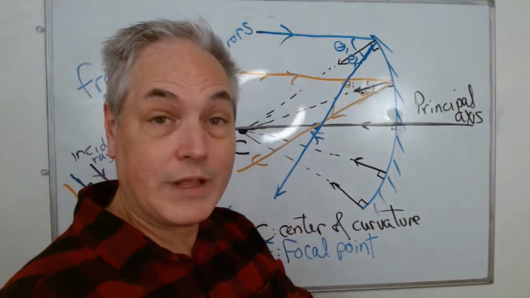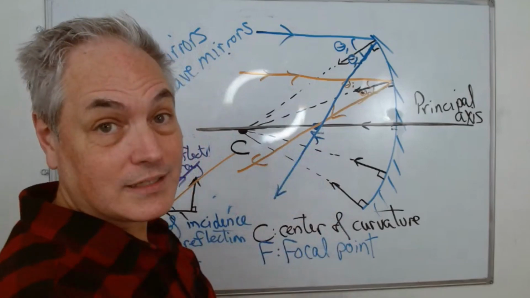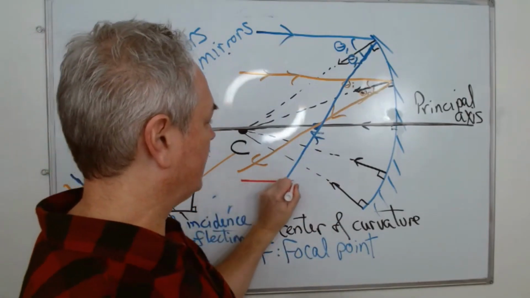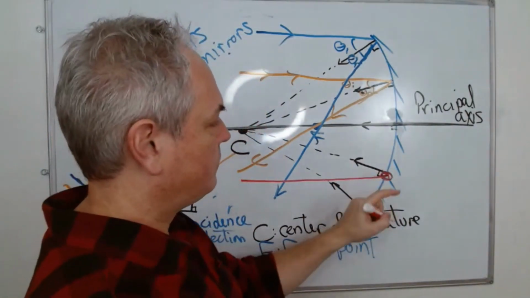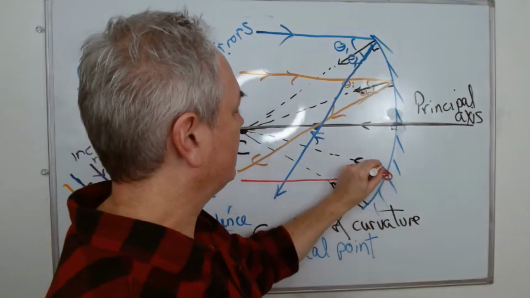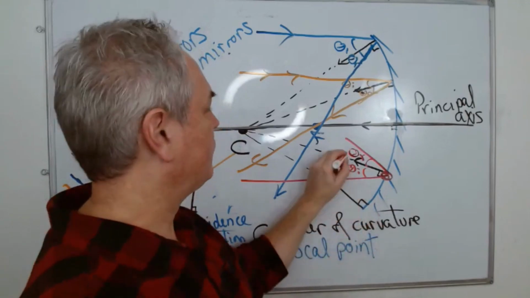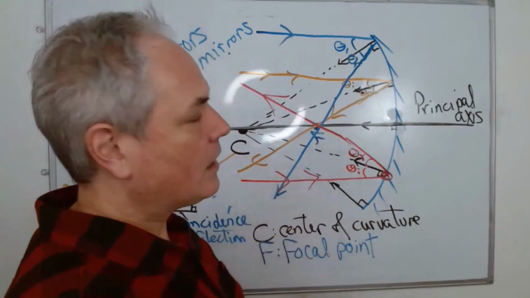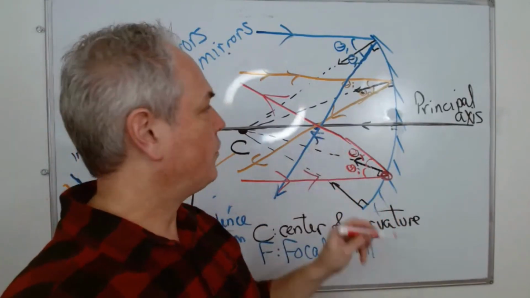The same way, if we have lines on the southern part of the principal axis, let's see what we get. If we have here a line like this towards the mirror, we have here the angle of incidence, and we have here the angle of reflection. Both of them are the same, and we have our ray of light going through the focal point here.